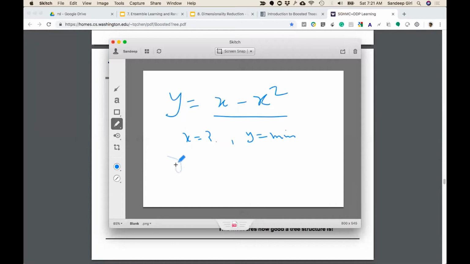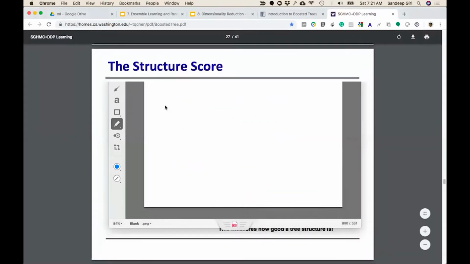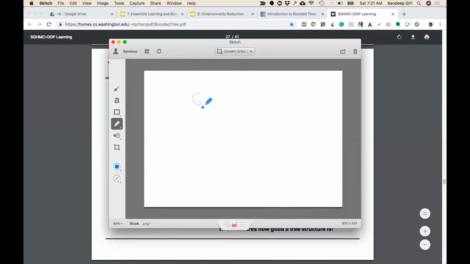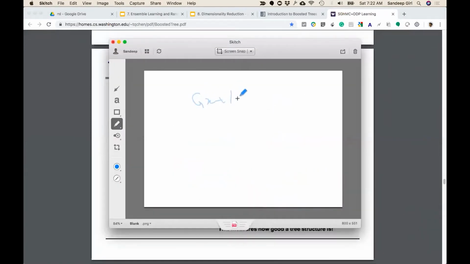So we say dy by dx equals 0, and the derivative of x is how much? Yes, 1, and the derivative of this one is 2x, right? And therefore x is 1 by 2, right?